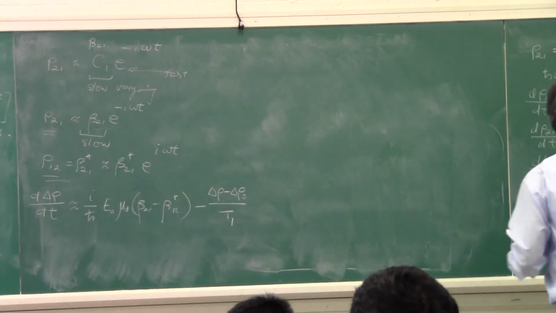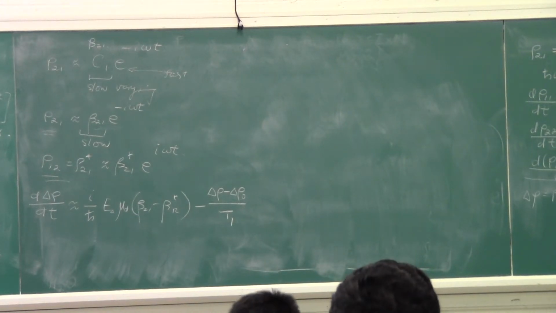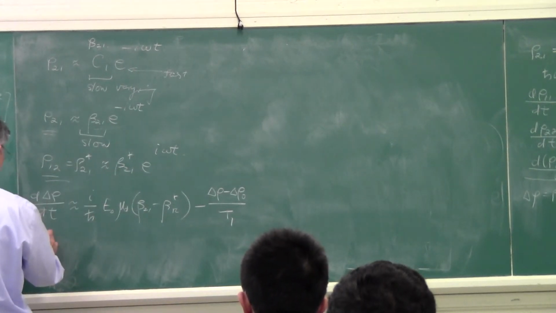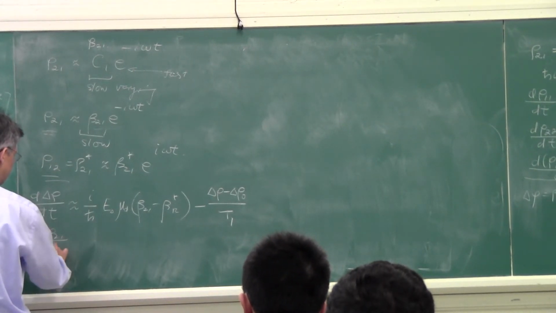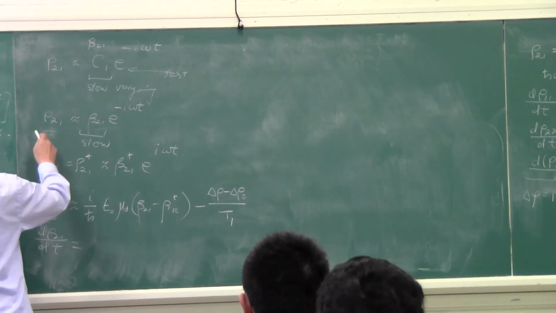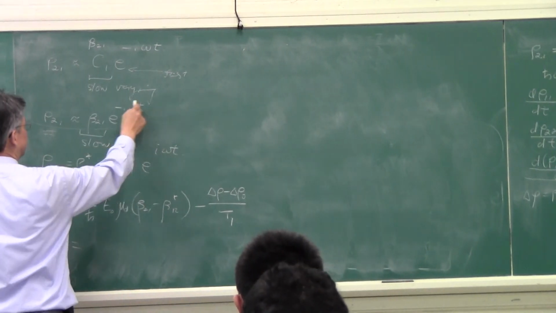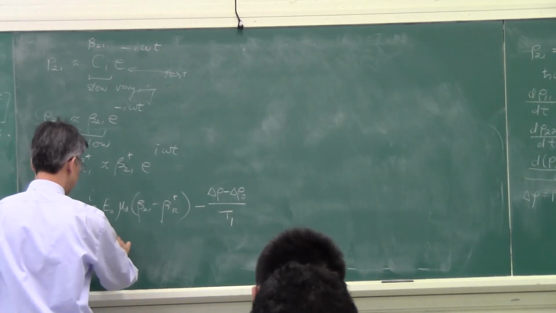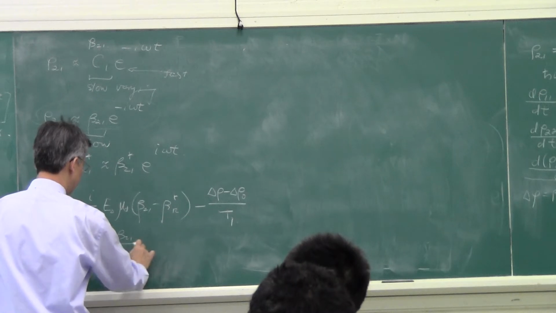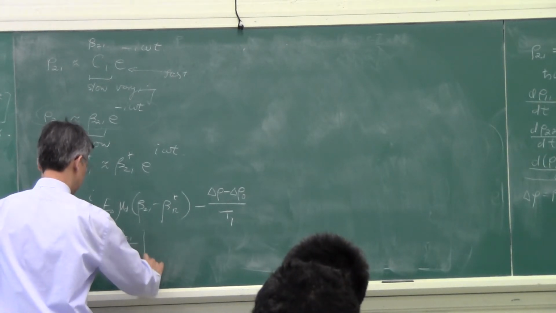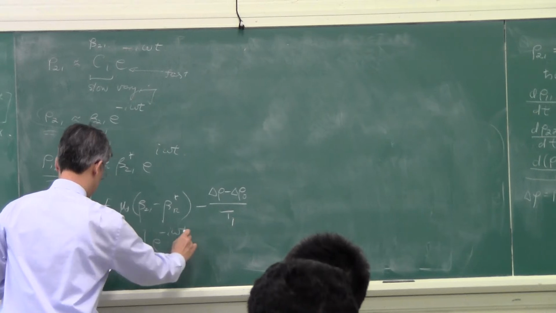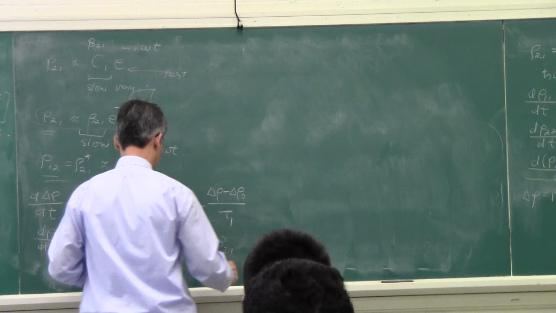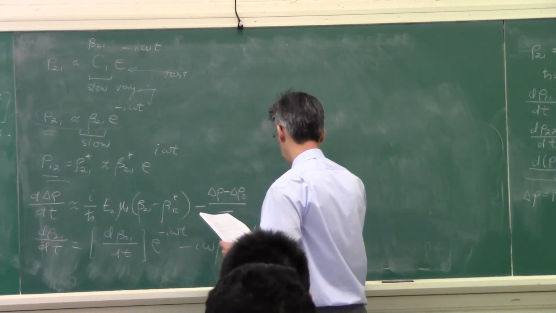we can also rewrite this equation in terms of beta 2,1. If I use the fact that rho 2,1 is related to beta 2,1 in this manner, and that the time derivative can be written as the time derivative of the slowly varying term, e to the minus i omega t, minus i omega beta 2,1 e to the minus i omega t.